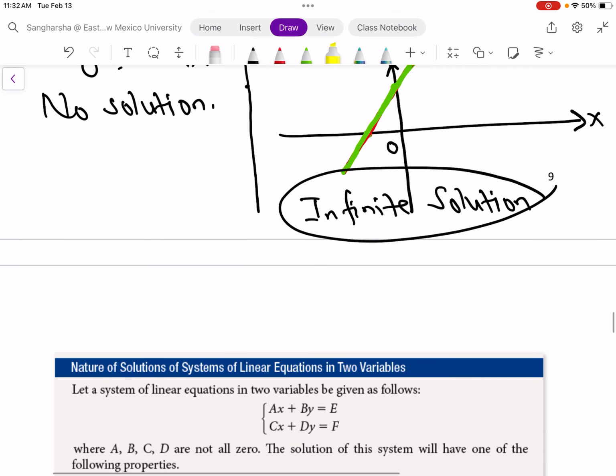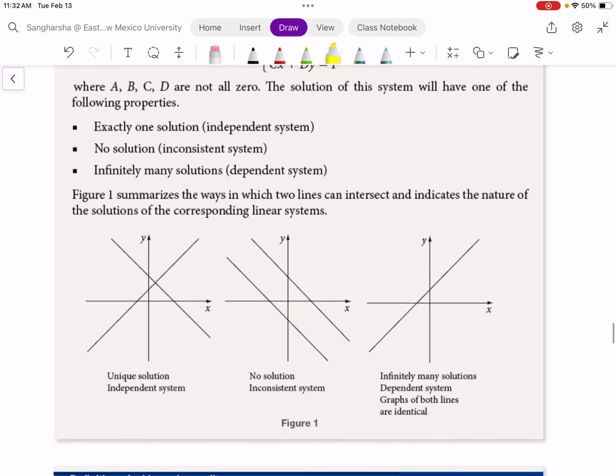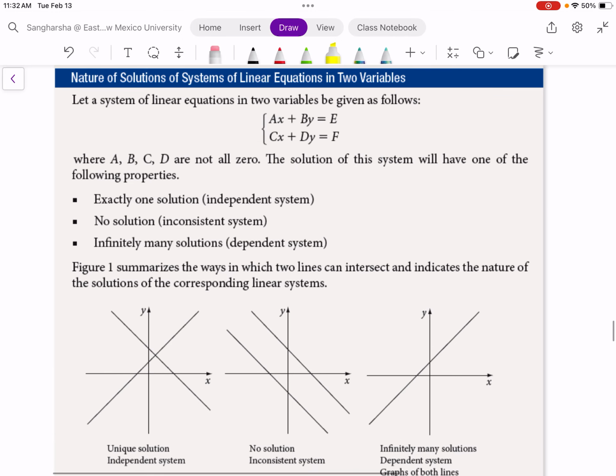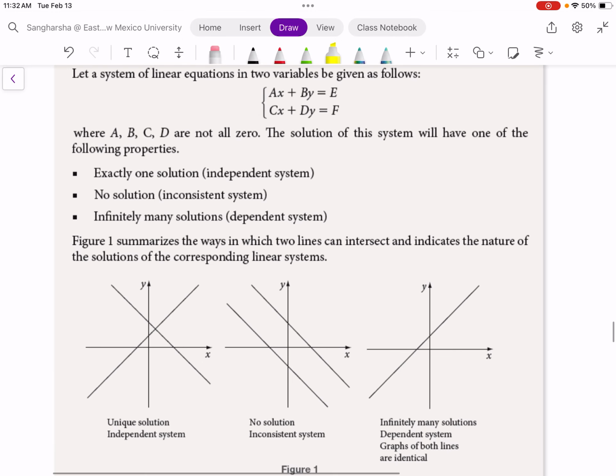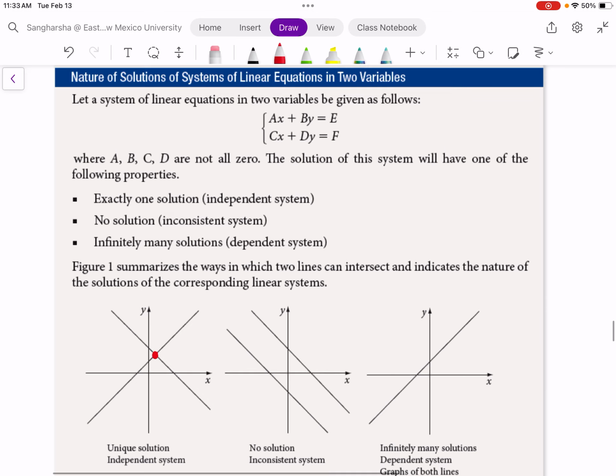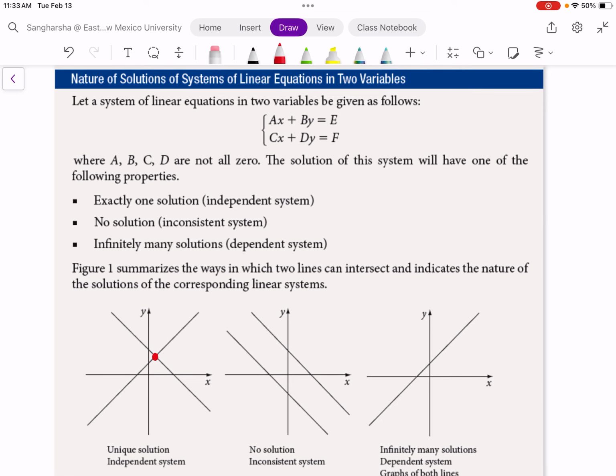Now, as we had in our examples A, B, C, we have the three cases. If the two lines intersect at a point, then we get one solution. That means the system is an independent system. We call that system where you get exactly one solution an independent system.